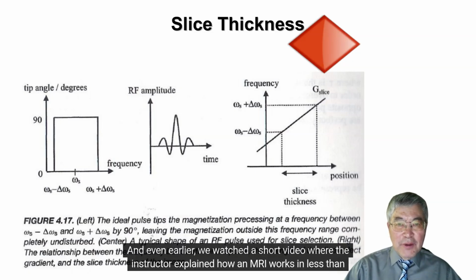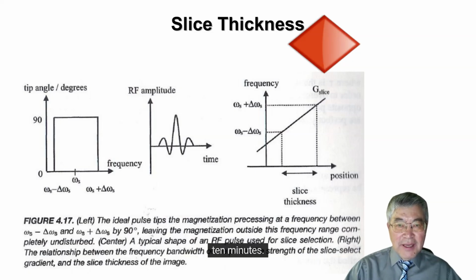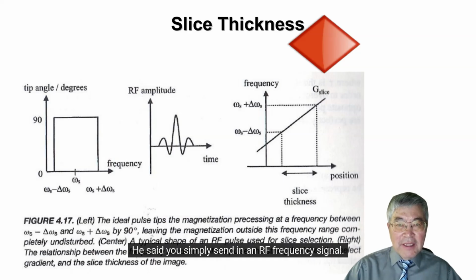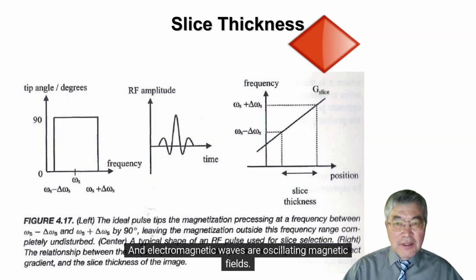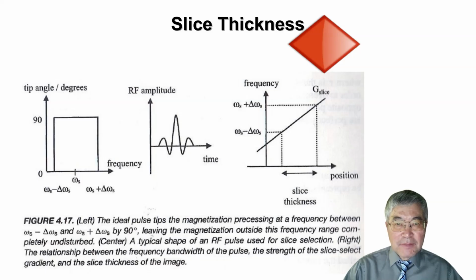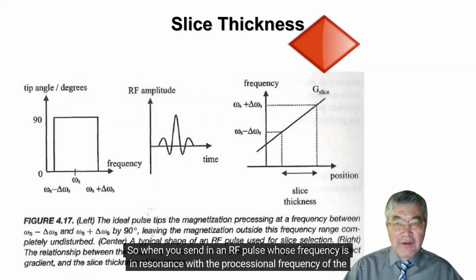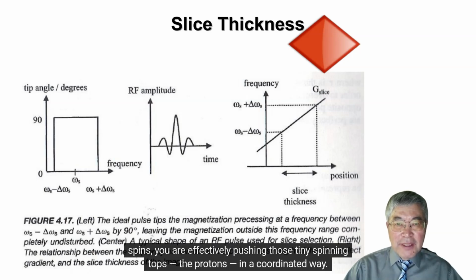And even earlier, we watched a short video where the instructor explained how an MRI works in less than 10 minutes. He said you simply send in an RF frequency signal. That RF signal, or RF pulse, is a form of electromagnetic wave. And electromagnetic waves are oscillating magnetic fields. So when you send in an RF pulse whose frequency is in resonance with the precessional frequency of the spins, you are effectively pushing those tiny spinning tops, the protons, in a coordinated way.